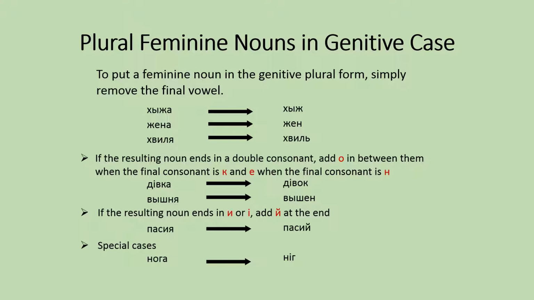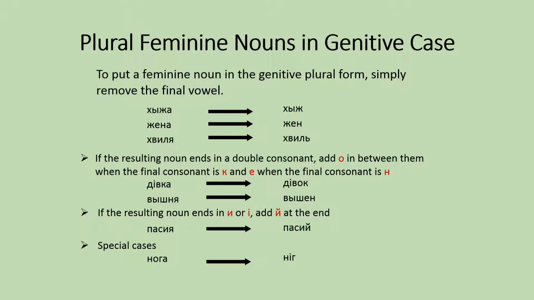In addition, there are a few instances where removing the final vowel is not the only thing needed to be done to put a feminine noun in its genitive plural form. If the resulting noun ends in a double consonant, add o in between them.